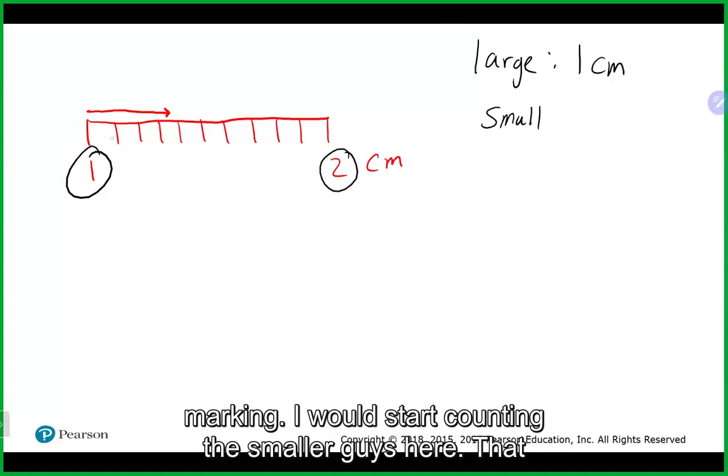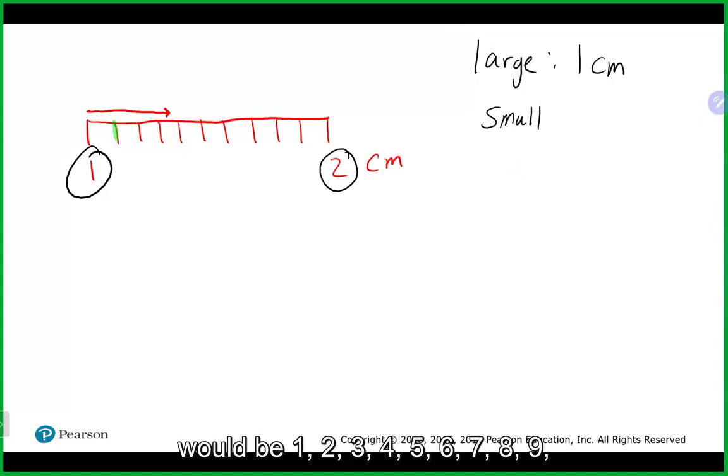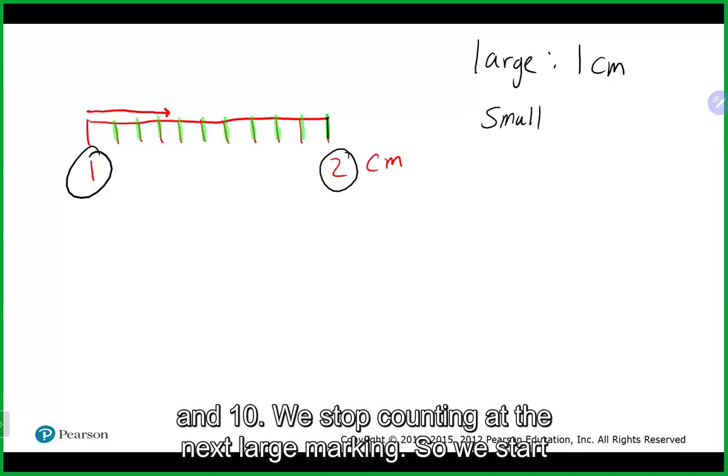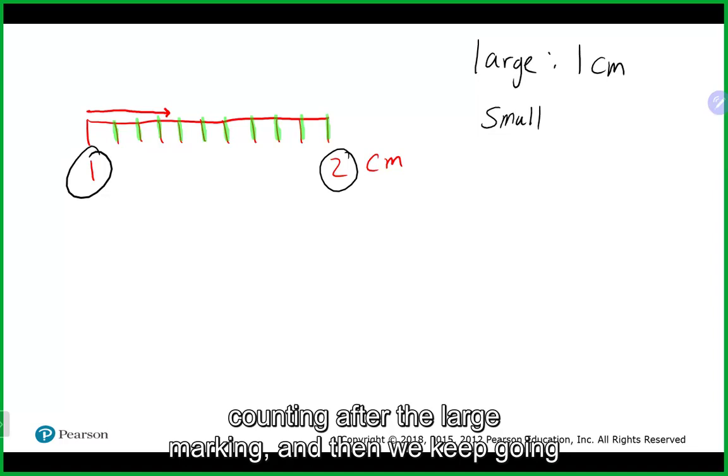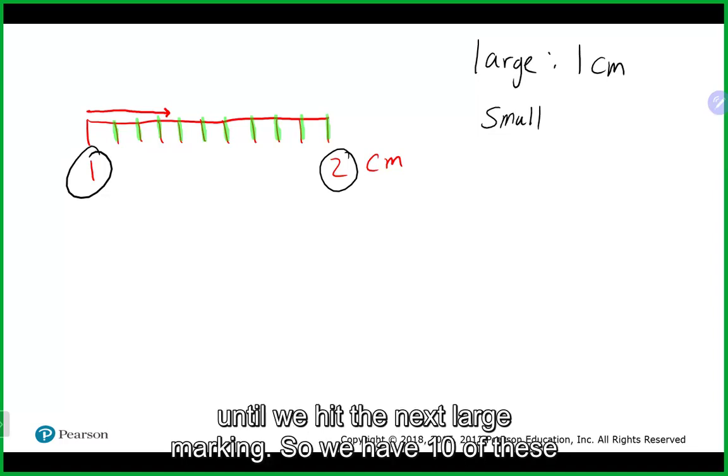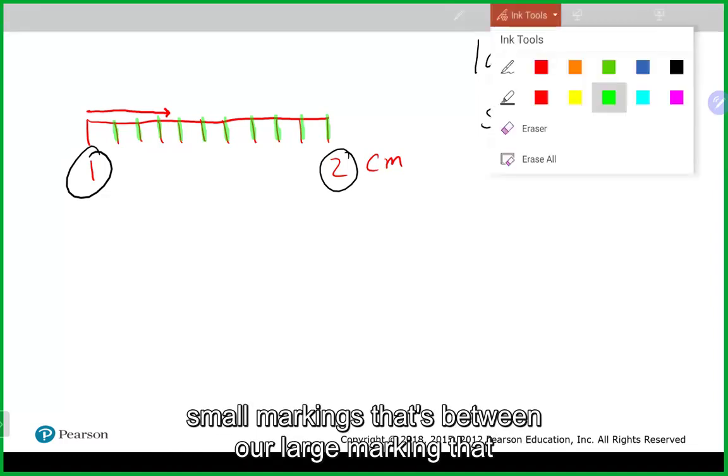I would start counting the smaller guys here. That would be 1, 2, 3, 4, 5, 6, 7, 8, 9, and 10. We stop counting at the next large marking. So we start counting after the large marking, and then we keep going until we hit the next large marking. So we have 10 of these small markings.